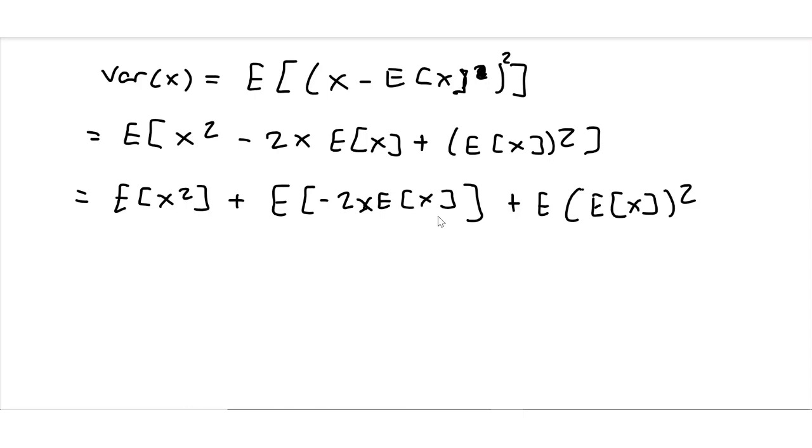The expectation of a random variable is a constant, and therefore so is the expectation of X squared. So we can drop this expectation here because we're just taking that out, and then we have the expectation of 1, which is just 1. We can take out minus 2 times the expectation of X from here, so then we're left with minus 2 times the expectation of X times the expectation of X. So we get this expression.